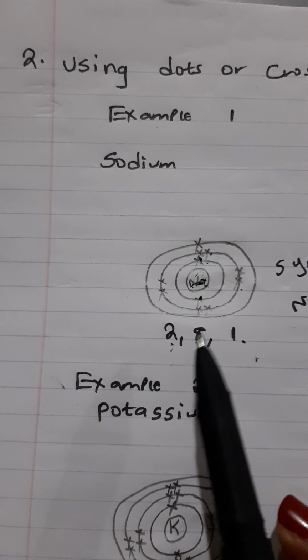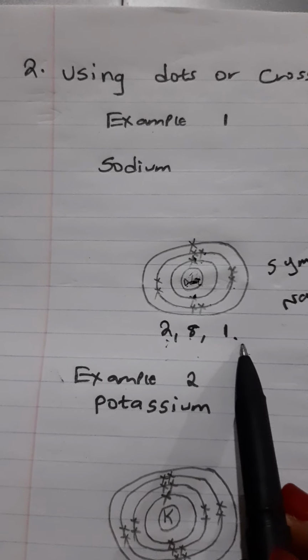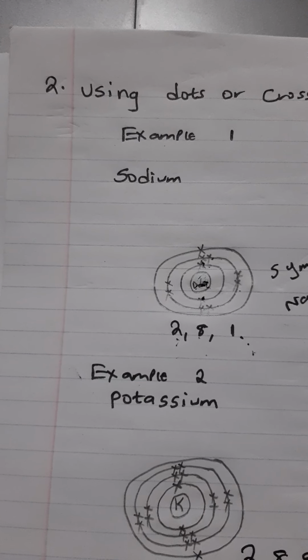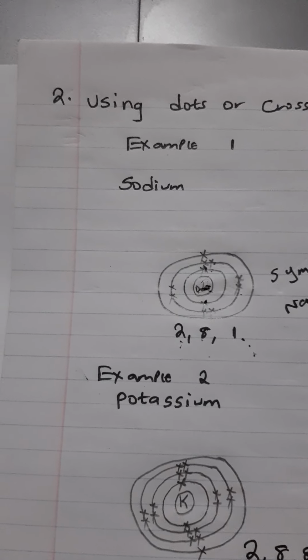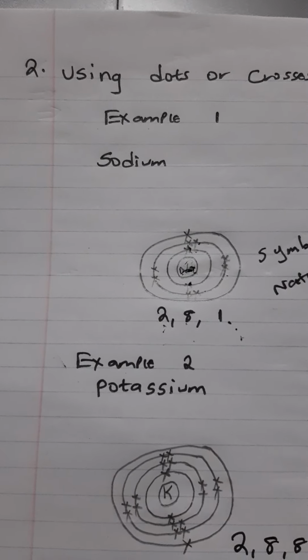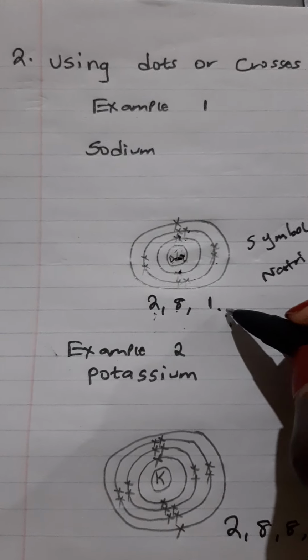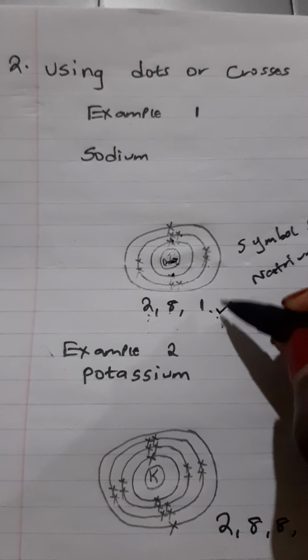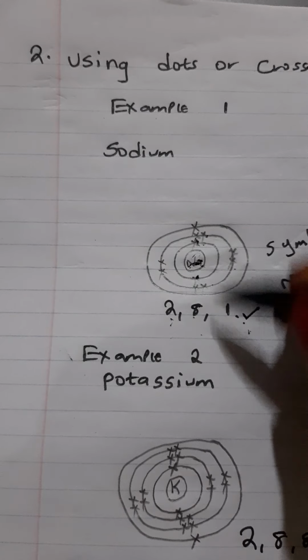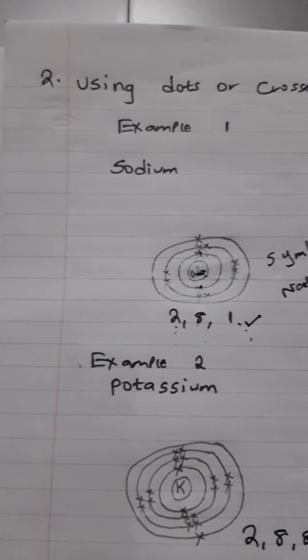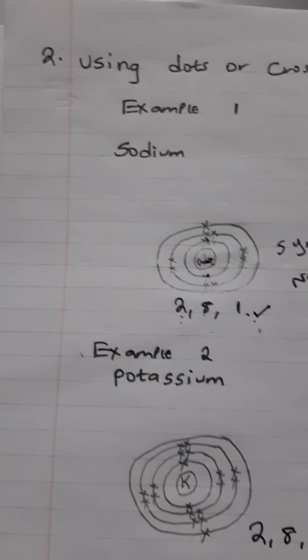And that's why we have 2, 8, 1. So can you see there is a relationship between using dots or crosses and electronic configuration? Yes. If you know the electron configuration, it's so easy to represent this in a drawing.